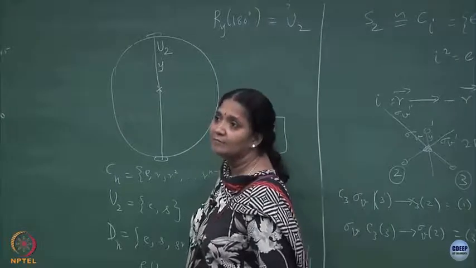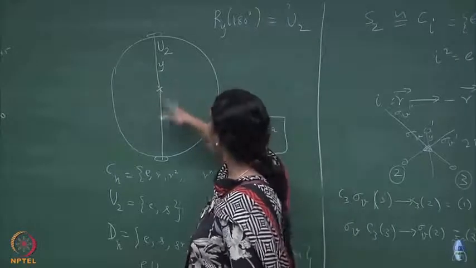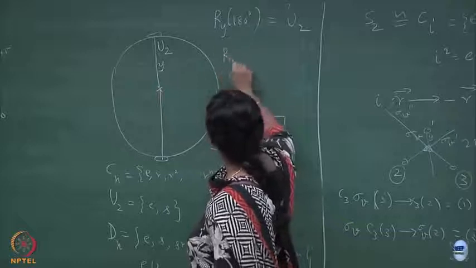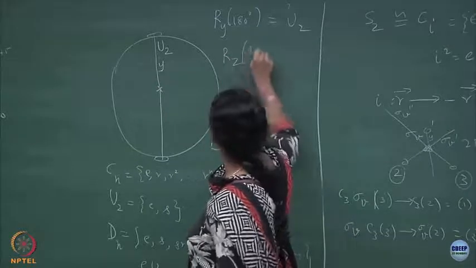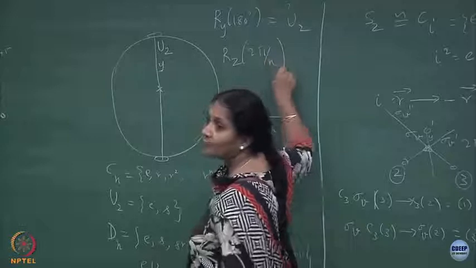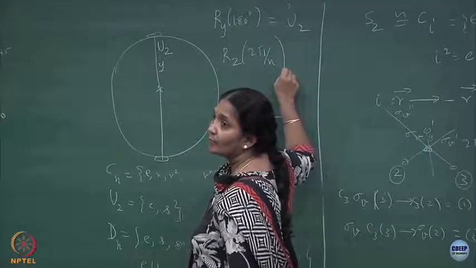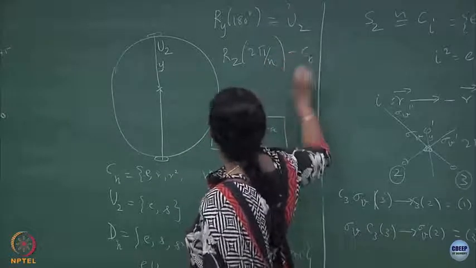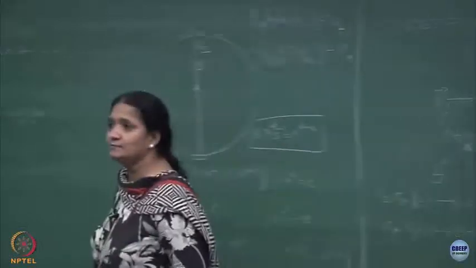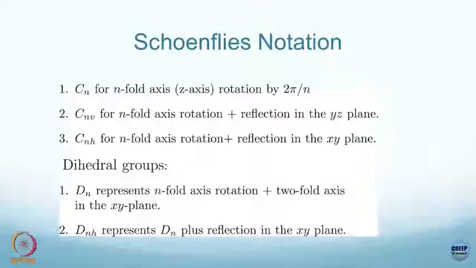The principal axis will be a rotation about the z axis by 2 pi by n. Clear? Yeah. Okay.